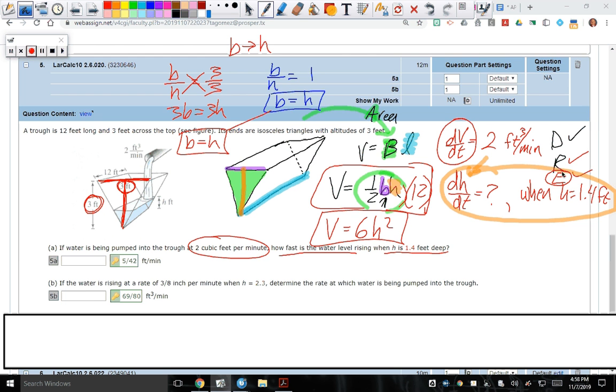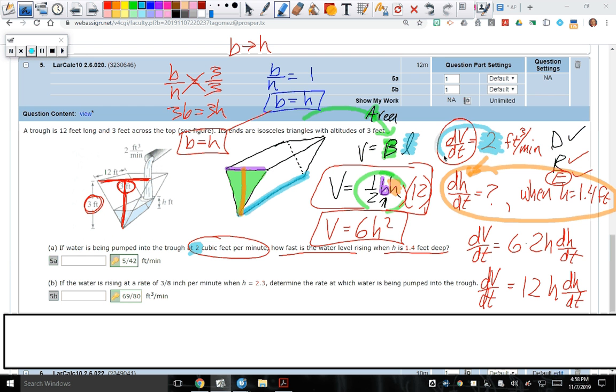The left side is dV/dt. The right side, you're only going to do 2H dH/dt. And then constant multiple rule, that's 6. So you get 12, and simplify to 12H dH/dt. And now you just have to plug in numbers. 2 is a positive 2, which was dV/dt, so that's going to go here.